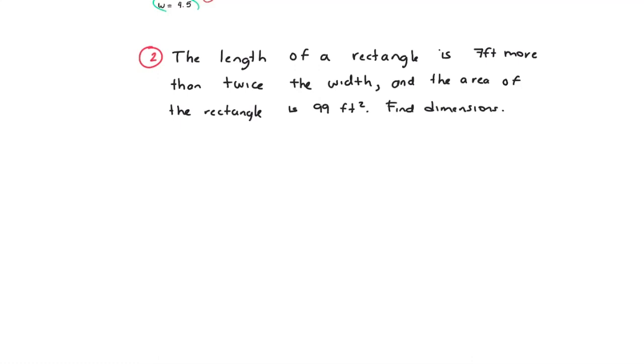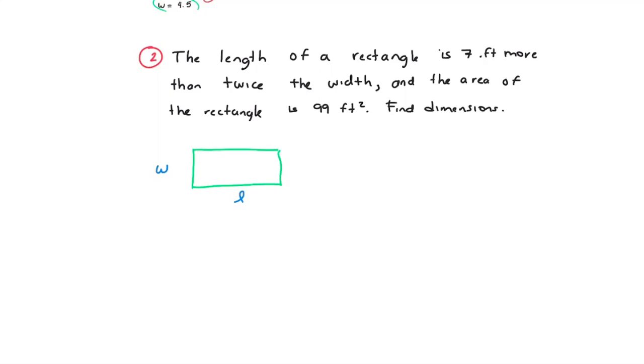Okay, so here it is. This is the rectangle. So the length goes here, the width goes here. And it says again that the length of a rectangle is 7 more than twice the width.